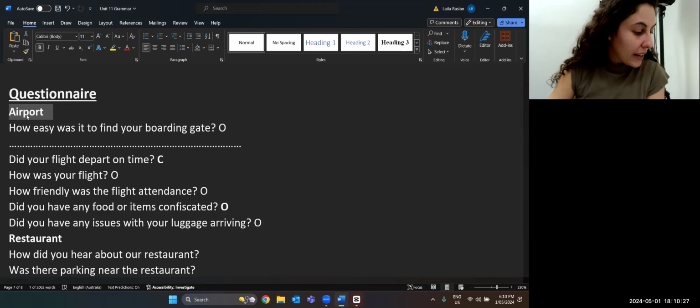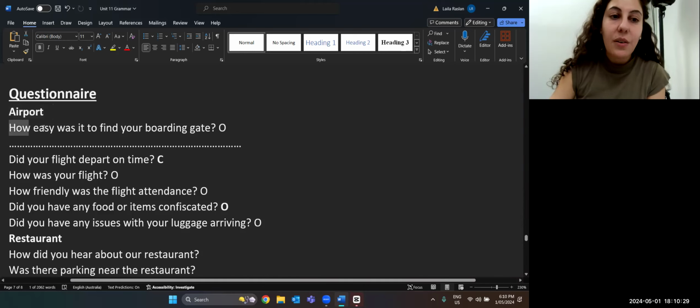So a question that we can ask is, how easy was it to find your boarding gate? That's an open question, because everybody can write their own answer. Everybody has a different experience. So that's a good question for an airport questionnaire.